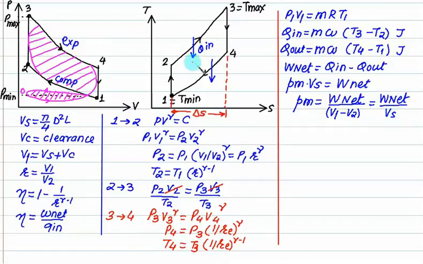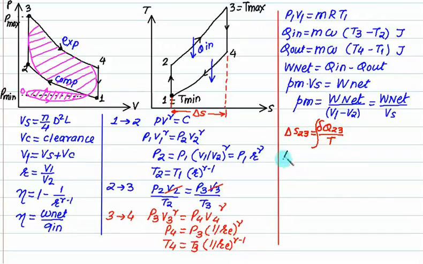Here the entropy change from process 2 to 3 is the same as process 4 to 1, delta S. So if we know delta S, and suppose it gives you the value of delta S 23, delta S 23 is basically equal to the integral of del Q 23 divided by T. And this process is a constant volume process.